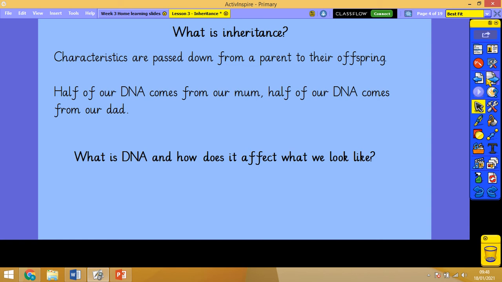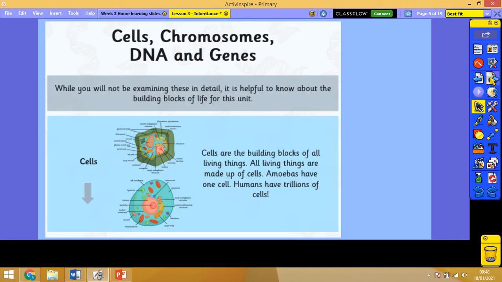They can be physical, like eye colour, or your body type, so whether you grow to be tall, short, wide, or skinny. All of these are passed down from your parents, and it's the same in nature as well. Half of our DNA comes from our mum and half of our DNA comes from our dad, and these are our parents.